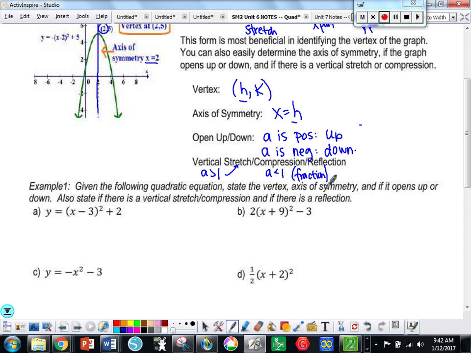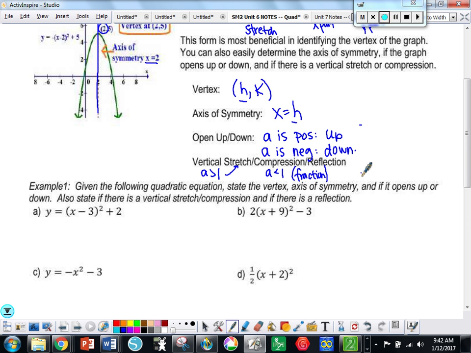It's like the parabola has been sat on, and so it looks lighter because it's being compressed down. You can imagine a balloon, and if I were to sit on it right here, out here would get wider, right? It's kind of the same thing. So if it's a fraction less than 1 greater than 0, it's going to be called a compression.